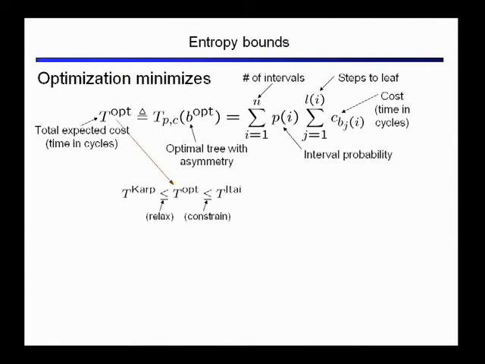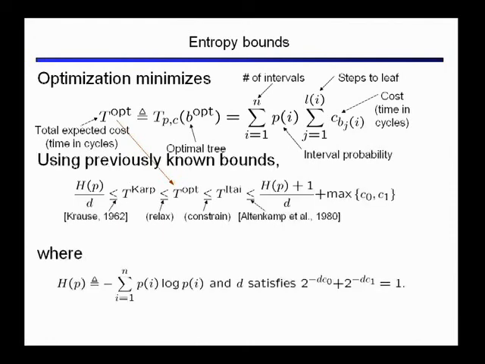As I said before, if I relax the problem, I can come up with a lower bound for the performance of the problem. If I constrain the problem, I can come up with an upper bound. These lower and upper bounds can be computed far more easily than actually solving the problem at hand. They've been looked at in other papers, and they're relatively close to one another, though of course it depends on your various values.